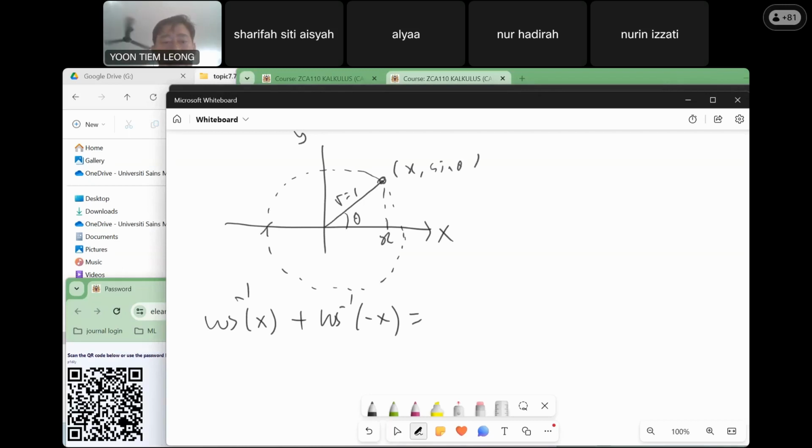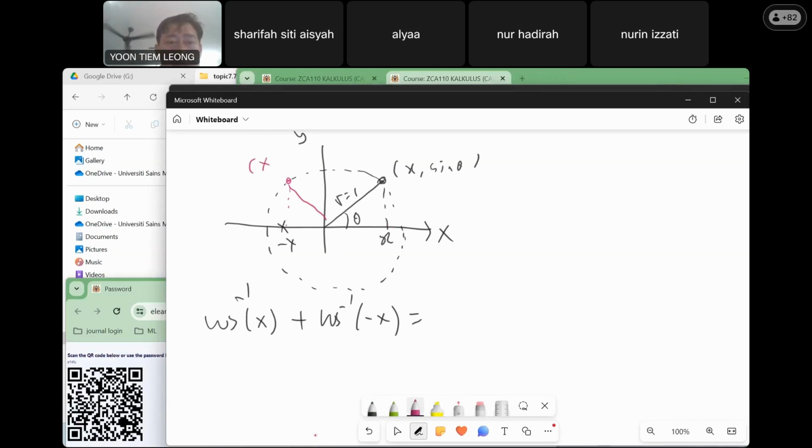Then you imagine that the point is being reflected about the y-axis, so that here you have minus x instead of x.